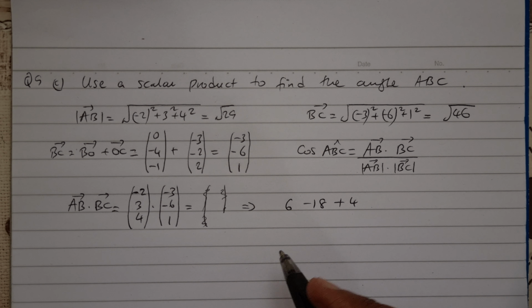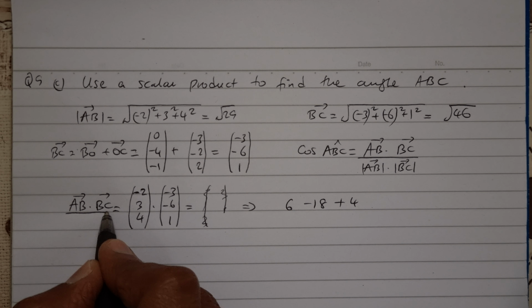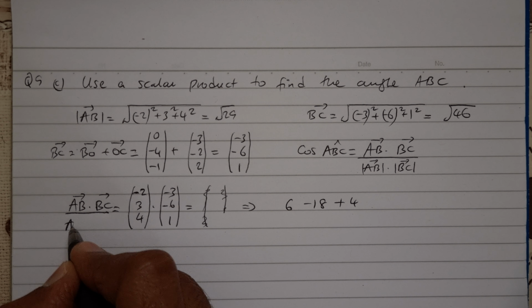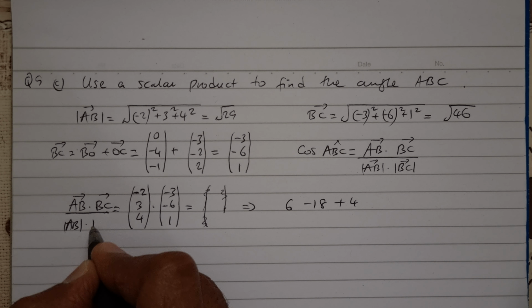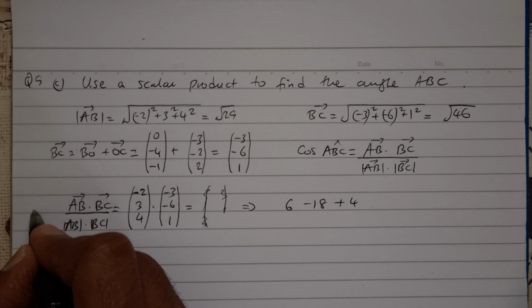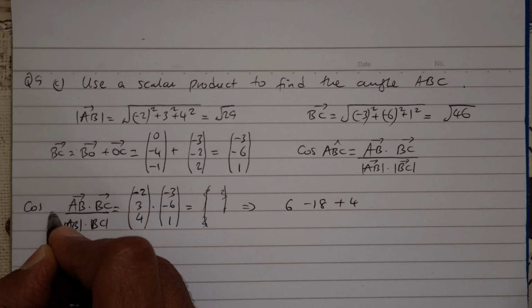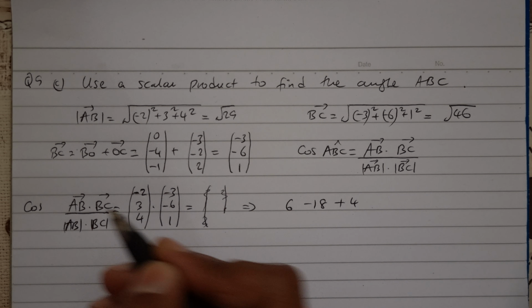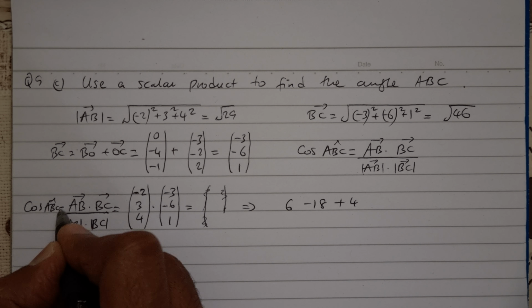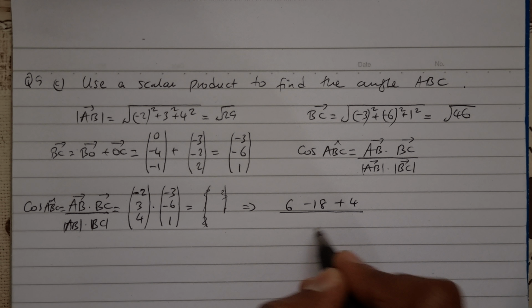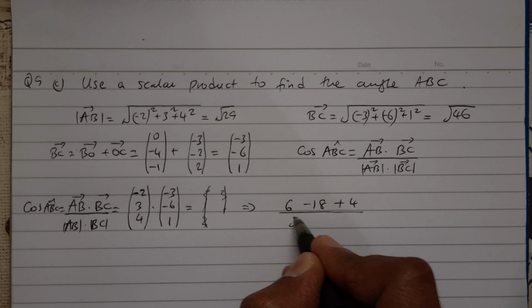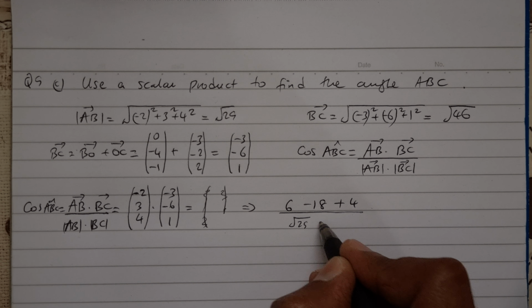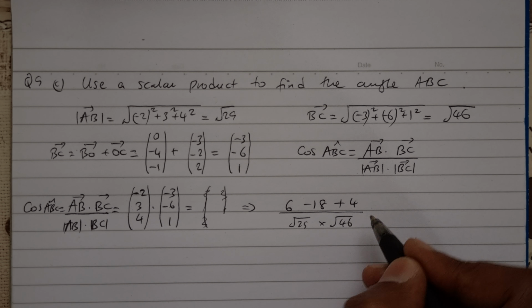Then we divide this by the magnitude of AB times the magnitude of BC and take the cos of this. So that's cos of ABC, and we divide by the square root of 29 times square root of 46.